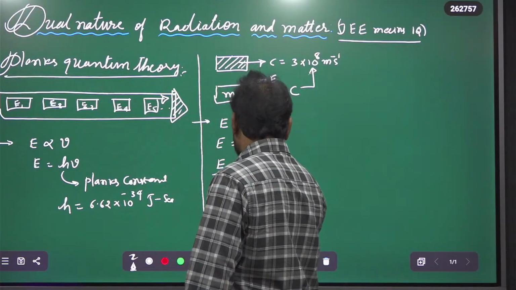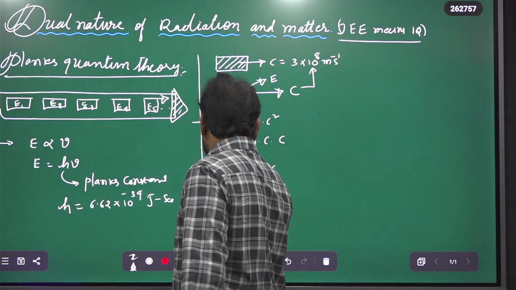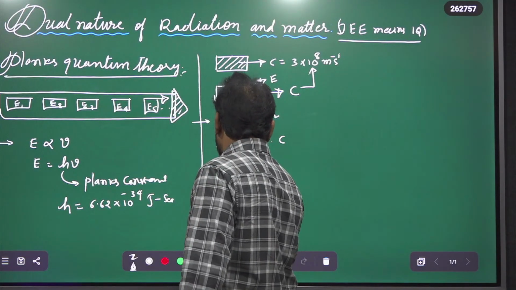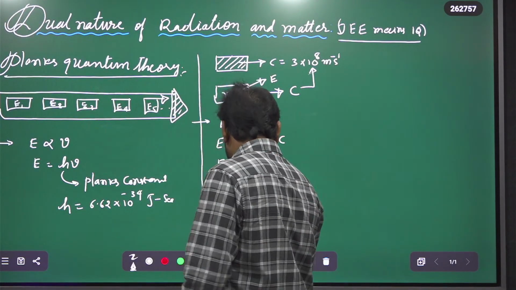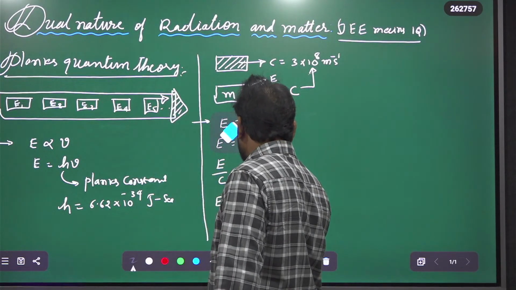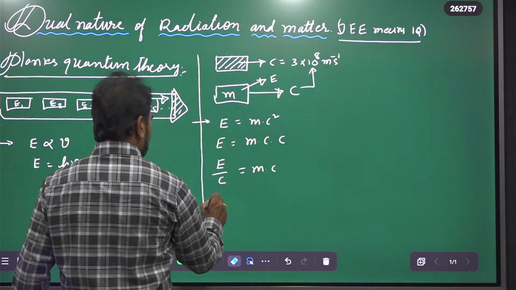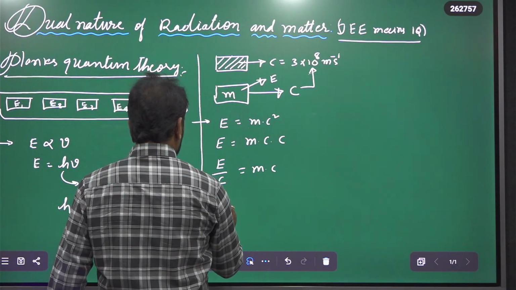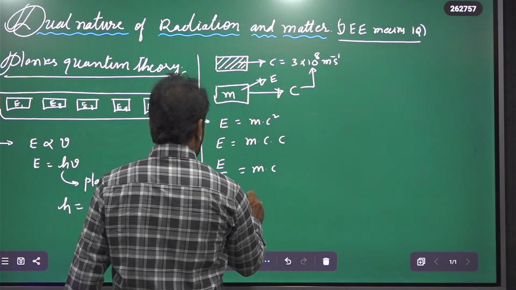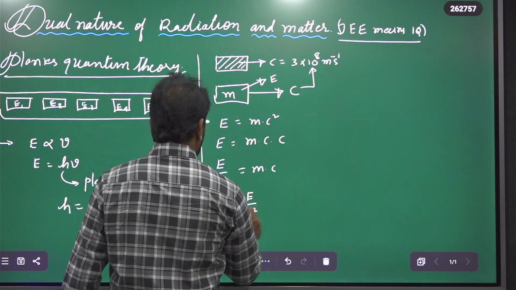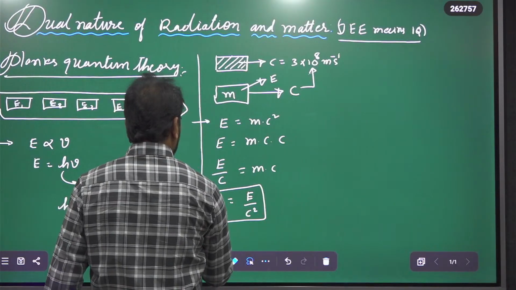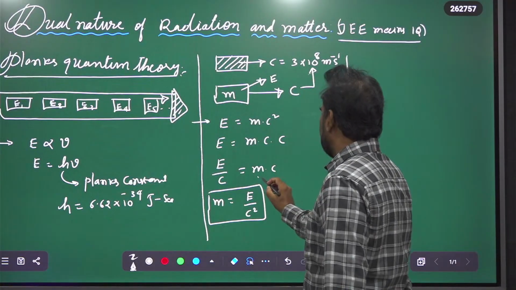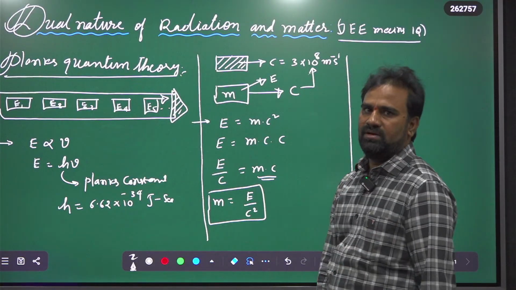Therefore, the mass of a photon is given by m is equal to E upon c square. This is the mass of a photon, and the product of mass and velocity is called the momentum of a photon.